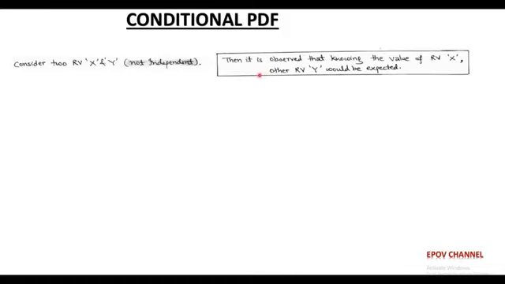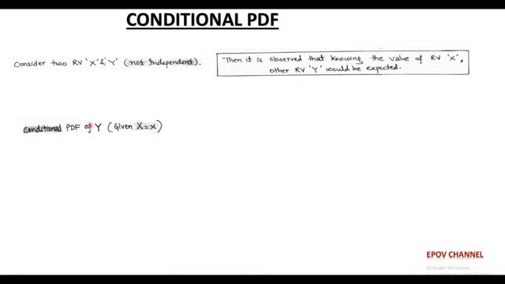After discussing marginal PDF, we move to conditional probability density function. To understand conditional PDF, we consider two random variables x and y that depend on one another. Then it can be easily observed that knowing the value of one of the random variable, other random variable would be expected, that is on the basis of some conditions and statistics. Now let random variable x is given and assigned by a real value, that is small x.